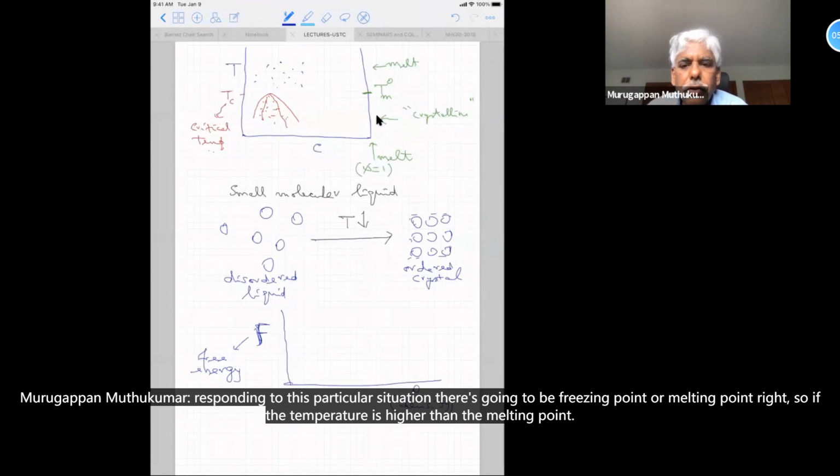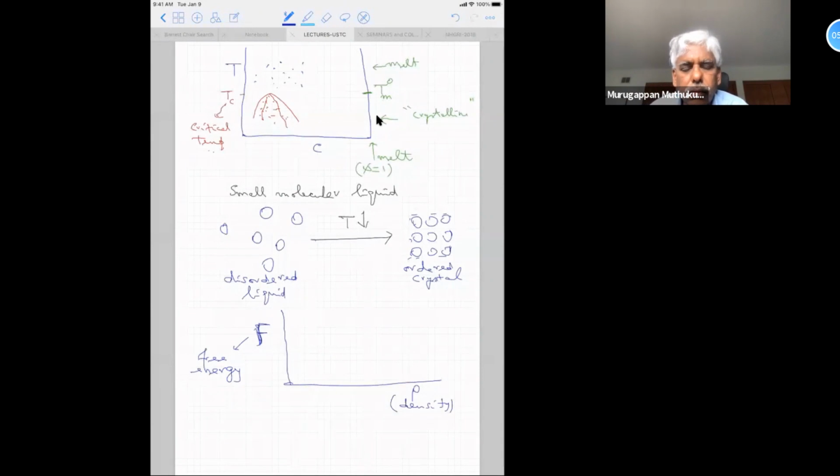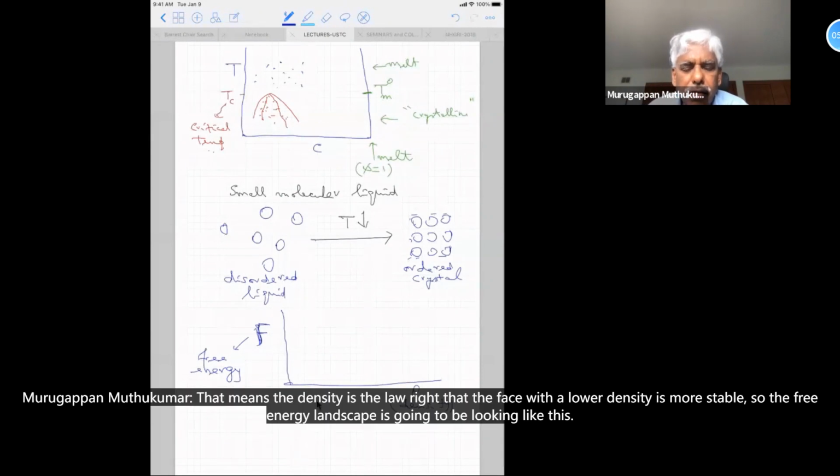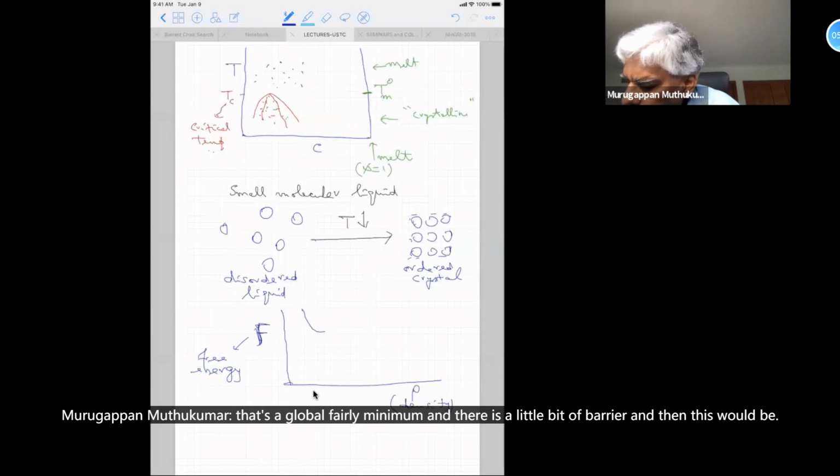So if the temperature is higher than the melting point, then as you know, liquid is more stable. And that means the density is low. The phase with the lower density is more stable. So the free energy landscape is going to look like this. That's a global free energy minimum. And there is a little bit of barrier.